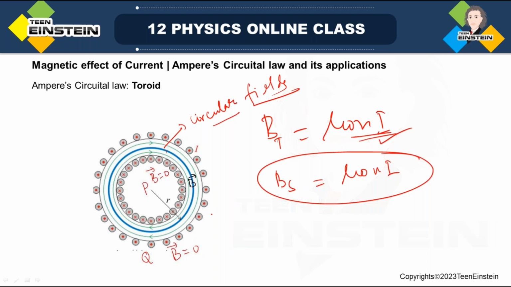And the toroid is endless, and for the solenoid there is a length. Sorry, the toroid is endless, right? So there is an end for the solenoid that we have seen. This is what I wanted to say.